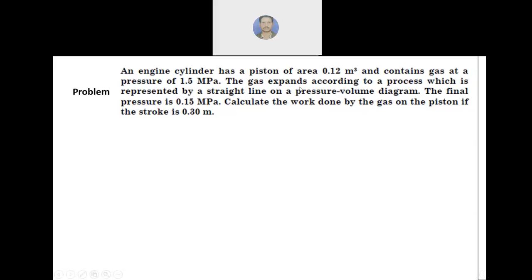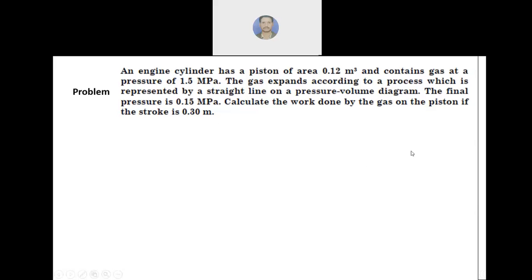The final pressure is 0.15 megapascal. You have to calculate the work done by the gas on the piston if the stroke is 0.3 meter. So this is the problem statement.